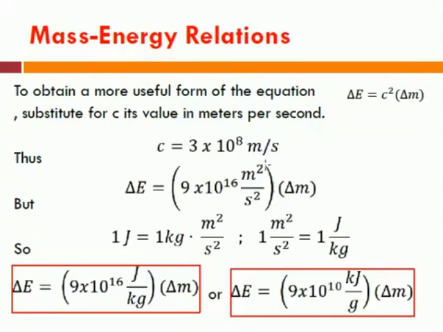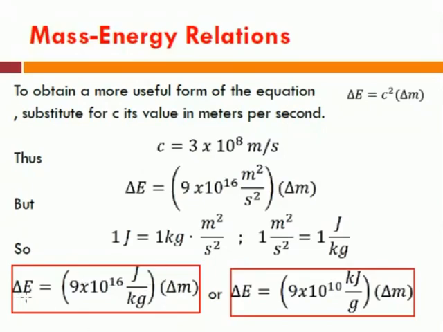So the meter squared per second squared can be written as joule per kilogram. Instead of writing meter squared per second squared, since 1 meter squared per second squared is equal to 1 joule per kilogram, this becomes 9 times 10 raised to 16 joule per kilogram, and then we just copy delta m. So this is the first equation.